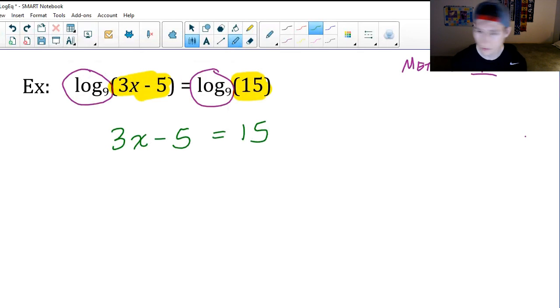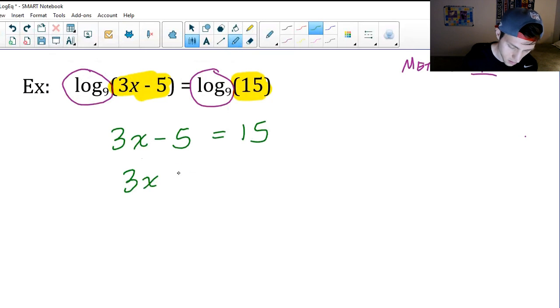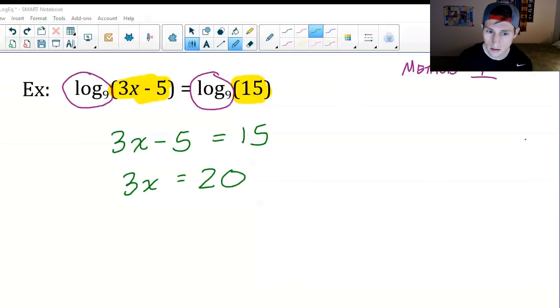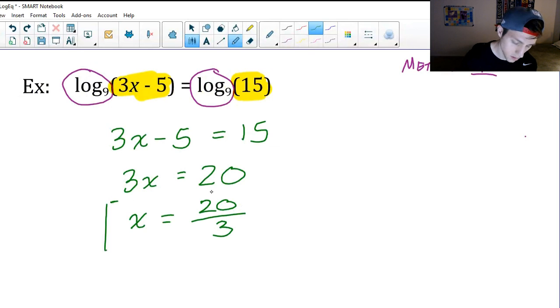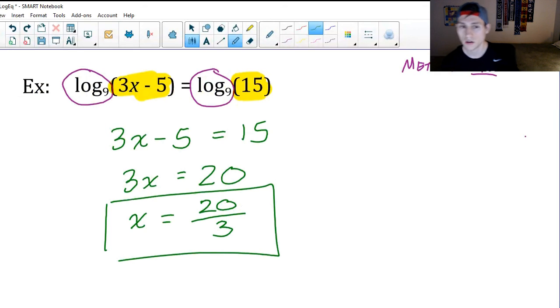This is just a basic 2-step equation. Add 5 to both sides. Divide by 3. X equals 20/3.